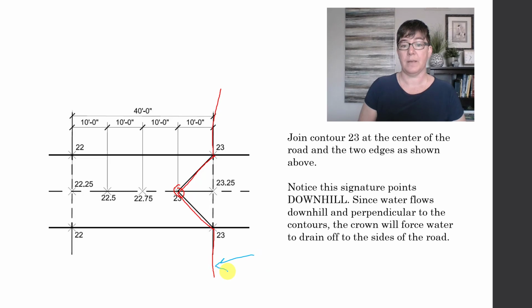So water is coming this way, perpendicular to the contours, but then once you reach the road bed, water is actually going to flow this direction, perpendicular to the contours. And that water is going to meet its buddies here off the road and continue to flow down the hill.